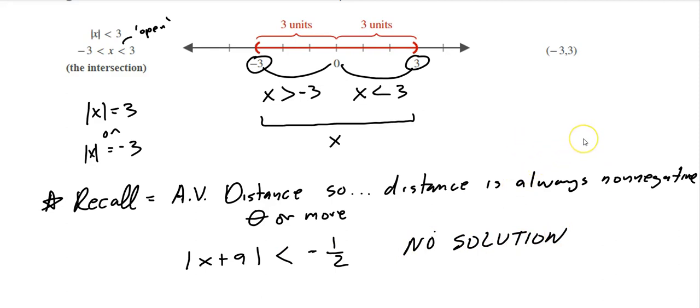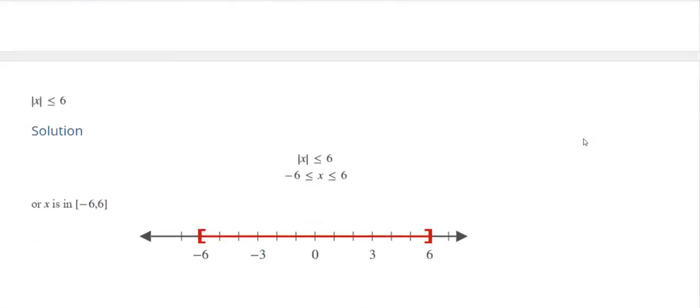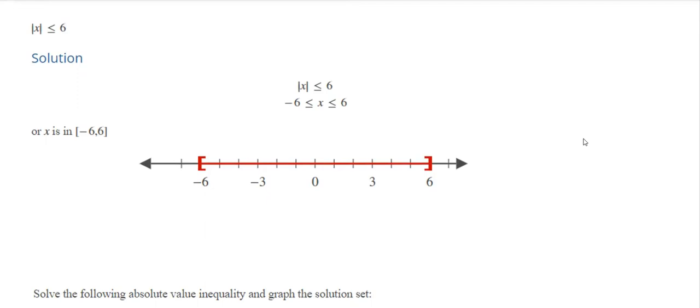I'm moving on. Another little example with the solution. And I'm doing these for a reason. I wanted to show you the solution before we actually start doing some examples. Look, the absolute value of x is less than or equal to 6. Okay, same thing as the last one, except this one right here, if you'll notice, will be closed.